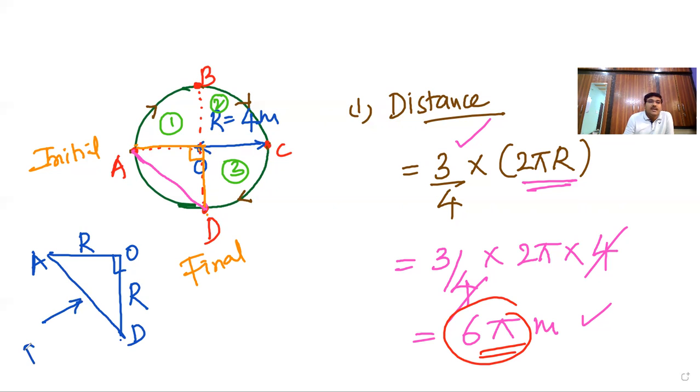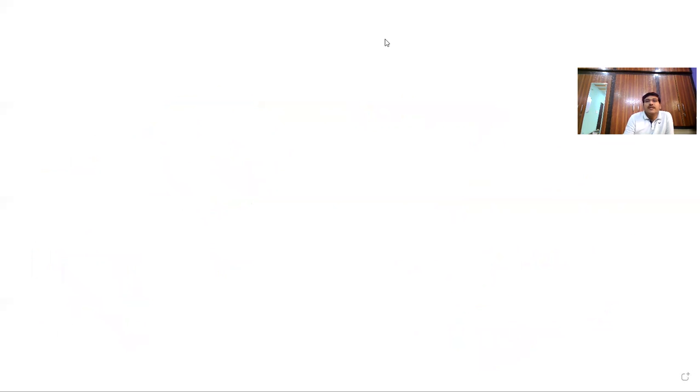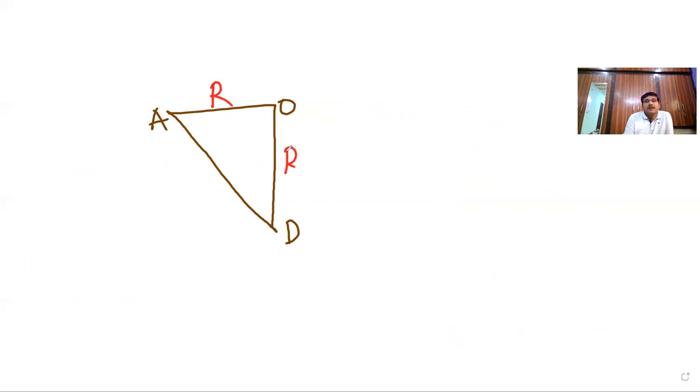AD is displacement. Okay. So in the right angle triangle, simple Pythagoras theorem we are using. Here I am highlighting. This is the right angle triangle AOD. This is R. This is R. This we require AD.